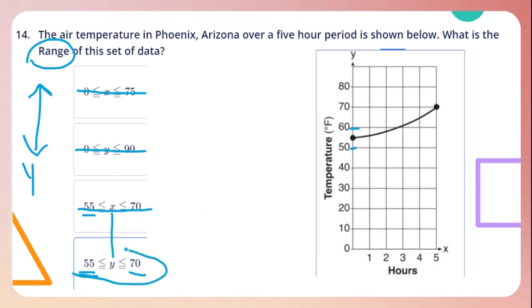Now I'm showing you this, but you're going to have to write sentences to explain why this is the range of this set of data. Talk about what the range is, that you're looking at the y values. The minimum y value is 55 and the maximum y value is 70, and we're including those because we have this endpoint colored in. It's not an open circle.